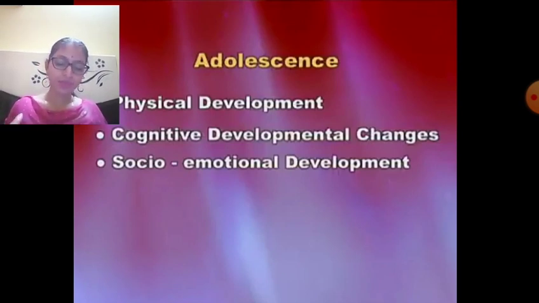And the second concept is the personal fable. So these two components of adolescent egocentrism: first is the imaginary audience, where adolescents believe that others are as preoccupied with them as they are with themselves, and they imagine that people are always noticing them and observing each and every behavior of theirs.